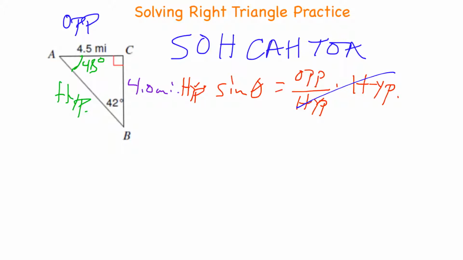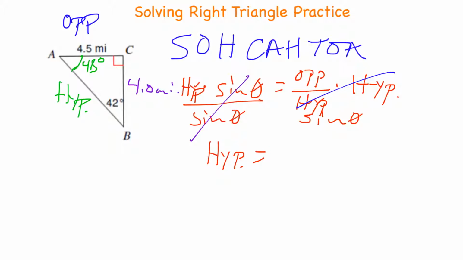We're going to have to divide both sides by the sine of theta. And those cancel. And that leaves us with the hypotenuse is equal to the opposite side divided by the sine of theta. So now we can plug that in.